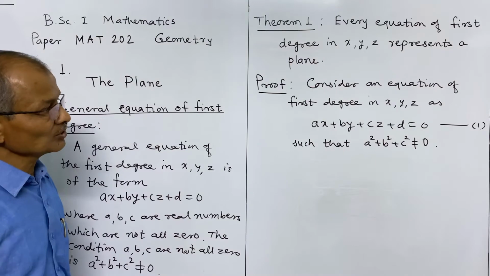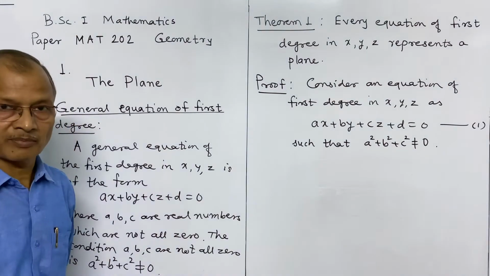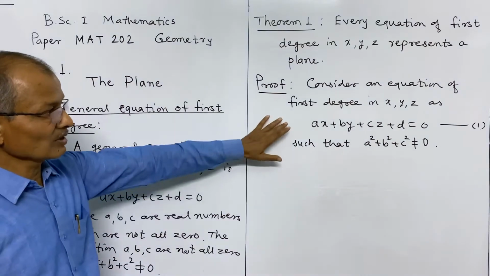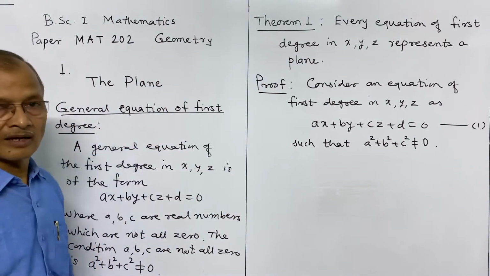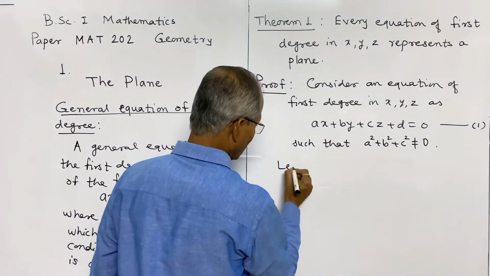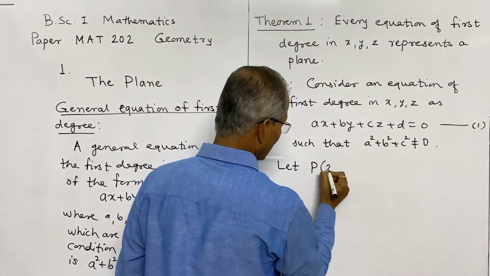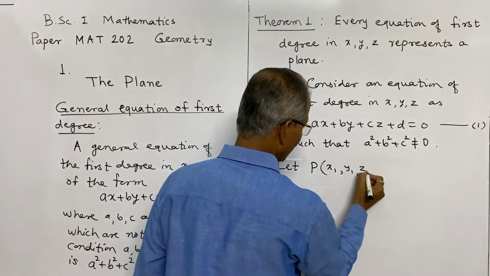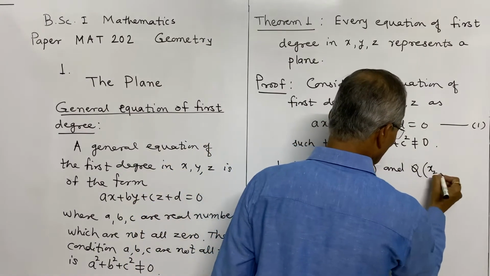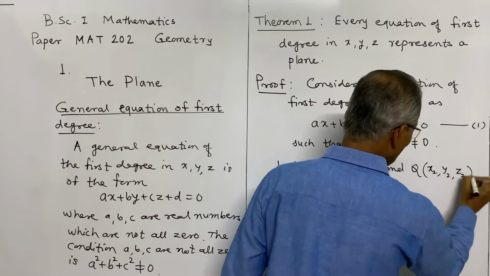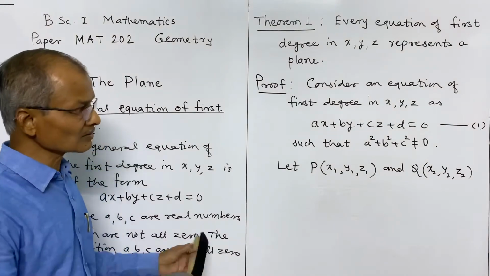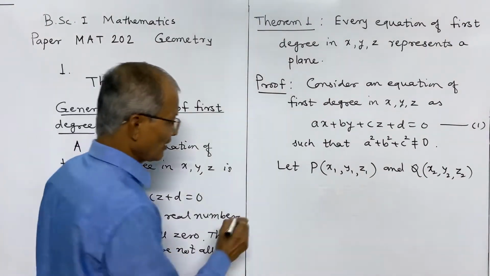Now what we want to show is that this equation represents a plane, and as was seen earlier, we will consider the locus of this equation 1 and take any 2 points on this locus. Let P(x1, y1, z1) and Q(x2, y2, z2) be any 2 arbitrary points. Arbitrary means chosen randomly.